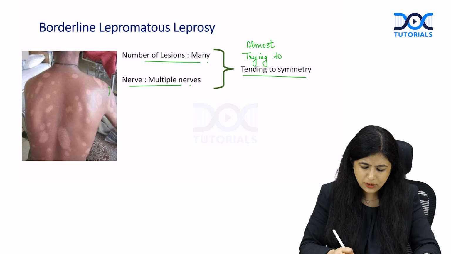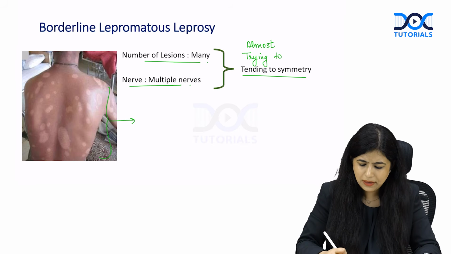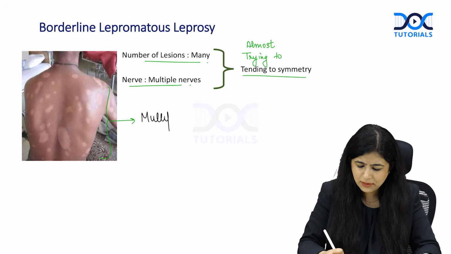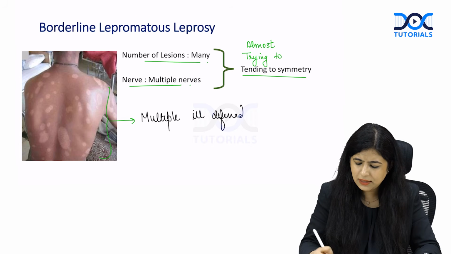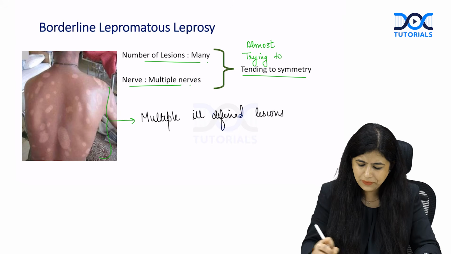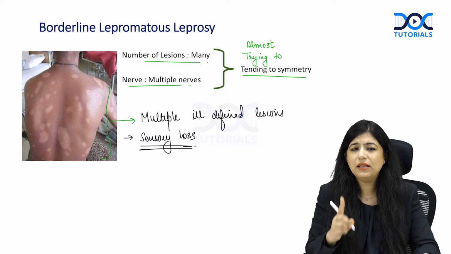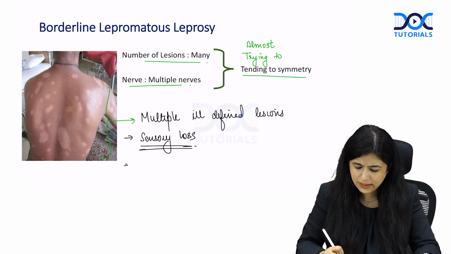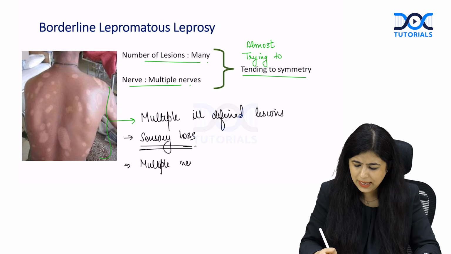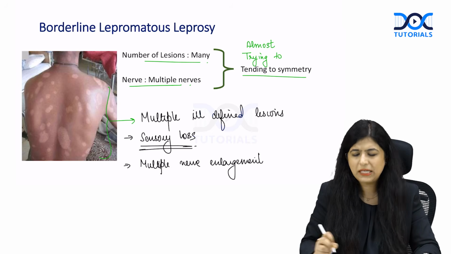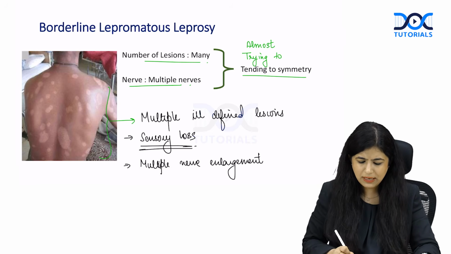Okay, so what you see on the body here are multiple ill-defined lesions over the body which have sensory loss. So these still have sensory loss with multiple nerve enlargement. So multiple lesions with sensory loss, multiple nerves, that is BL leprosy.